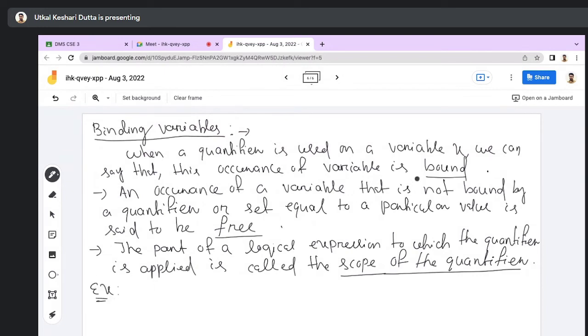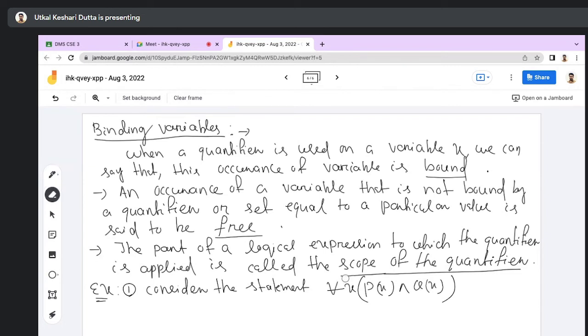There are three concepts. One is bound variable, one is free variable, and one is scope of quantifier. Okay. Consider the statement or proposition that is given: for all x, p of x and q of x. For all x, p of x and q of x, that is the scope.